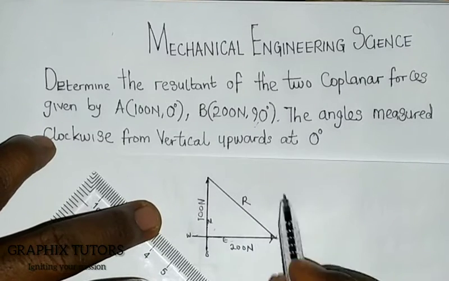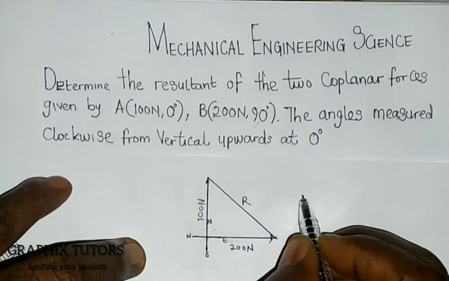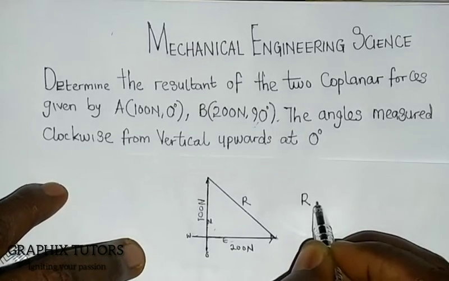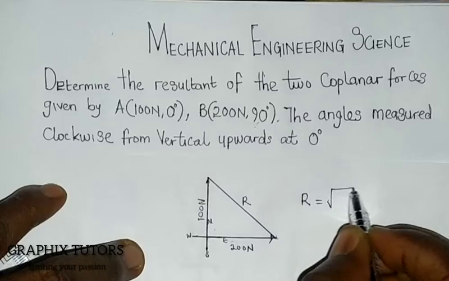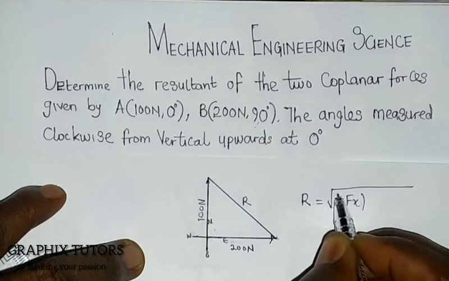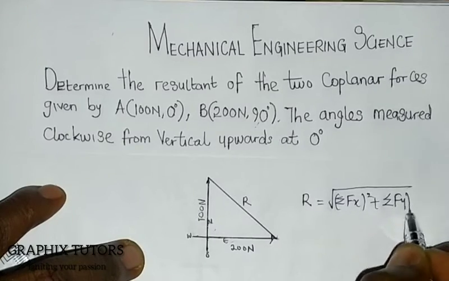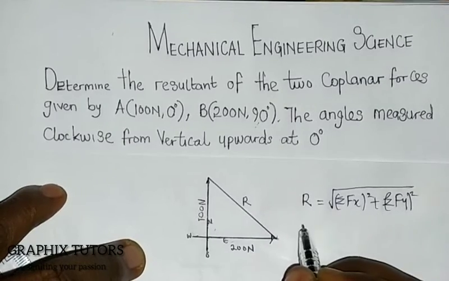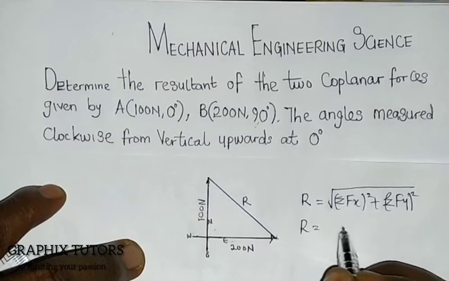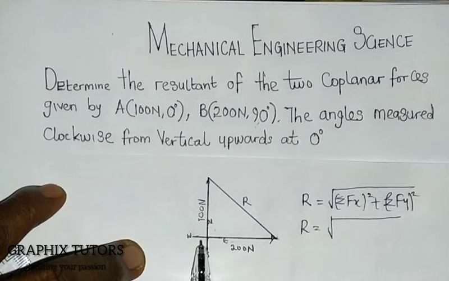Now what we have to do is to calculate the resultant force, and we know that the resultant R is equal to the square root of the summation of F of x all squared plus the summation of F of y all squared. F of x is the force acting along the horizontal axis, which is 200.